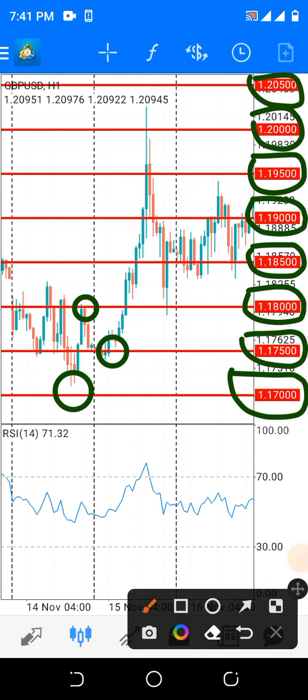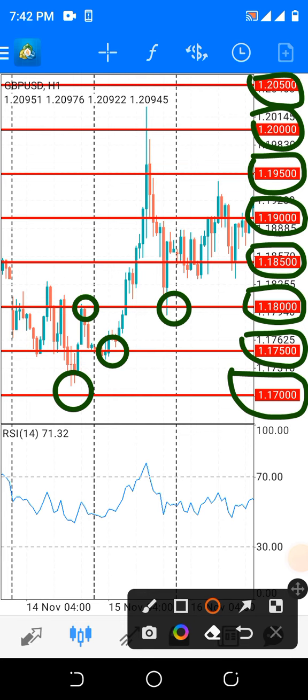You understand? So if you are able to understand the psychological level of any pair at all, any stock at all, you will be able to understand how the chart moves. The psychological levels will serve as support and resistance. Look at another psychological level and see how the price reacted to it.